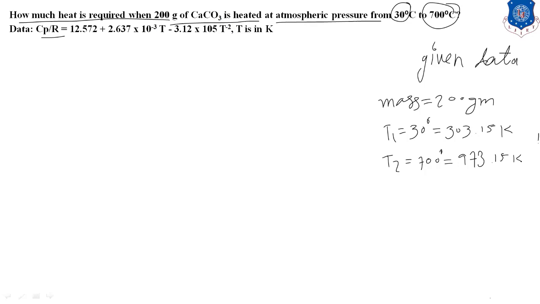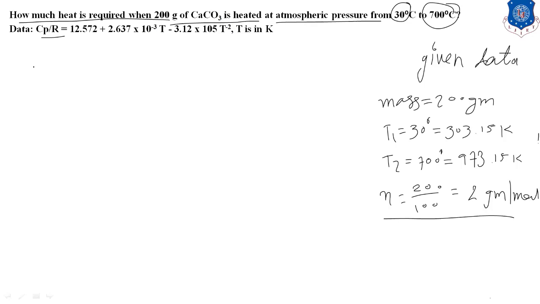To find the number of moles, N is equal to mass of the substance divided by molecular weight, that is 200 divided by 100 gram per mole. We require moles in the equation, that's why we calculate this number of moles.